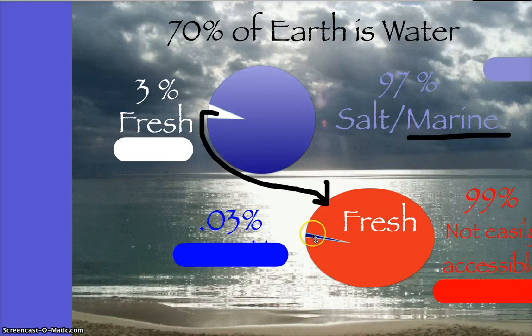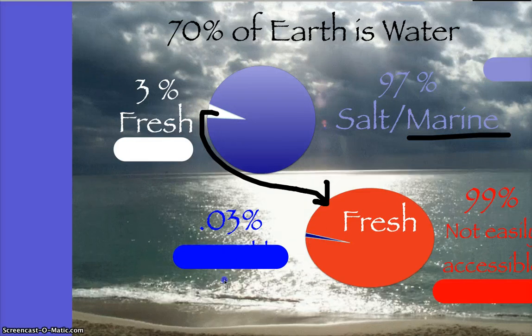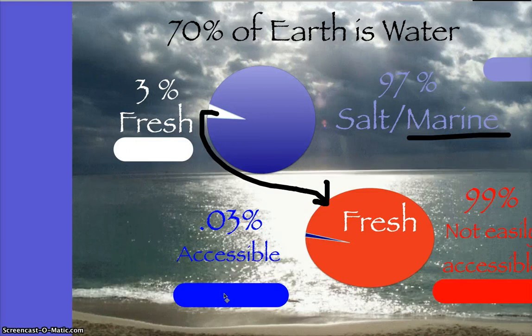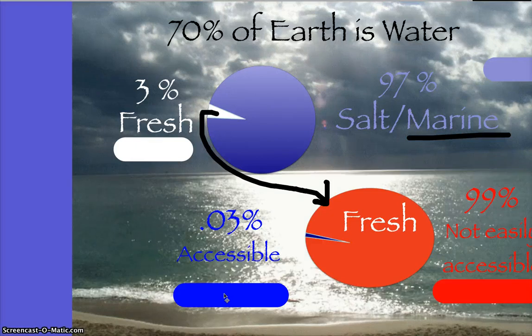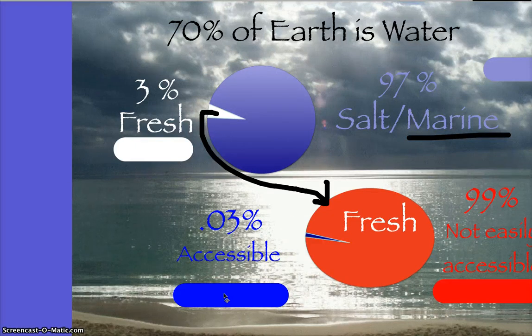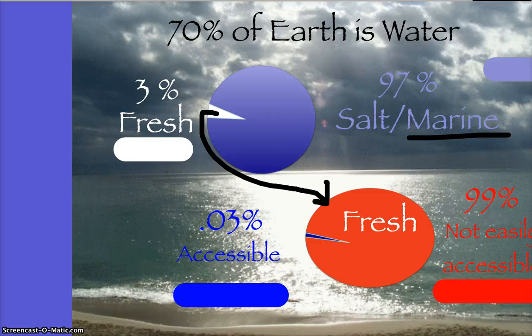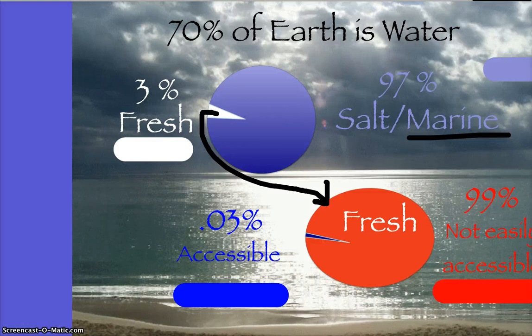This little pie chart, which is less than 1%, is water we can actually access and use. So of all the 70% of water on Earth, only 2 or 3% is fresh. And out of that little teeny weeny bit of fresh, less than 1% is something we can easily have. So think about that when you think of water as a renewable resource.